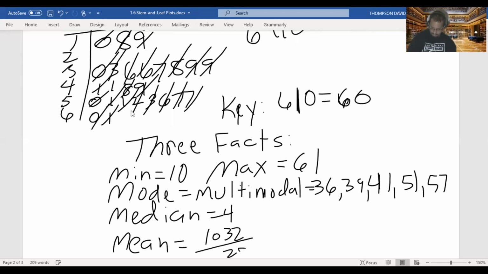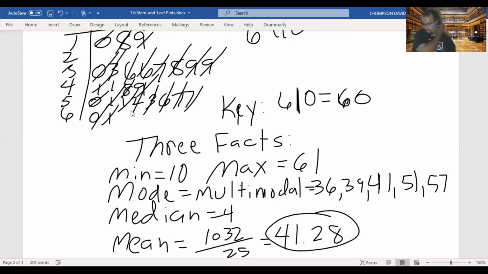We add all those numbers together, we get 1032, and there's 25 numbers. And then we get, as our mean, 41.28. So we've come up with more than 5 facts for this problem.